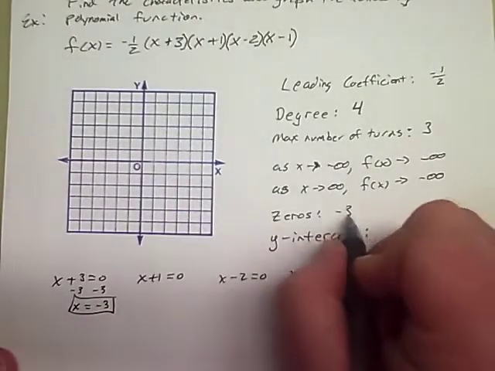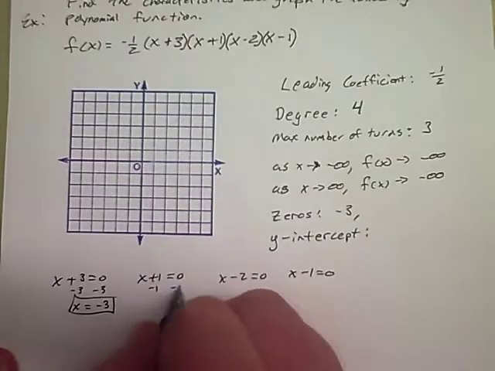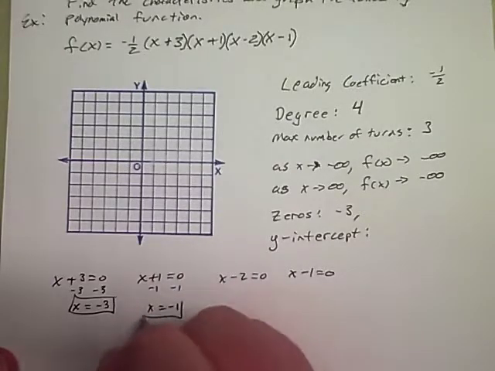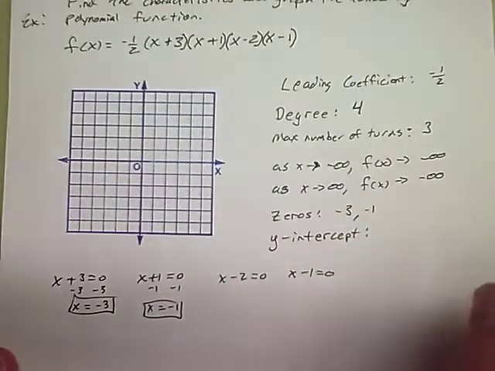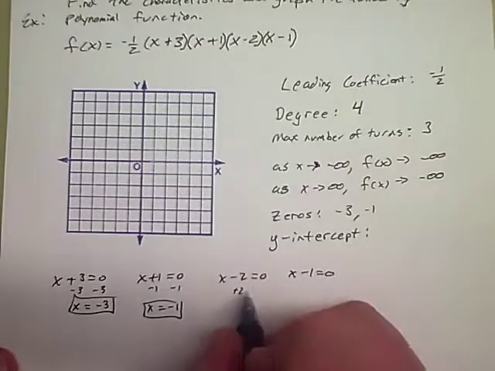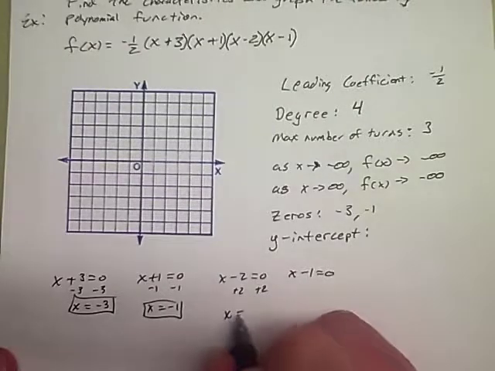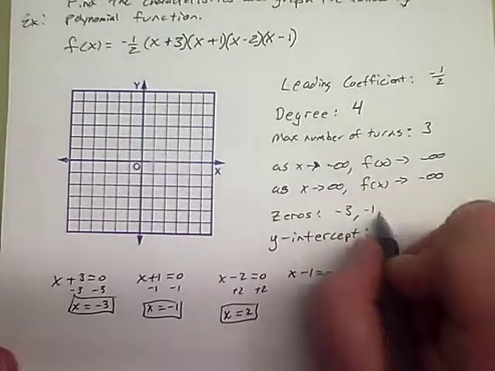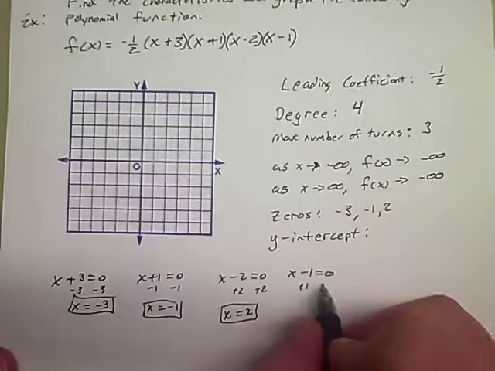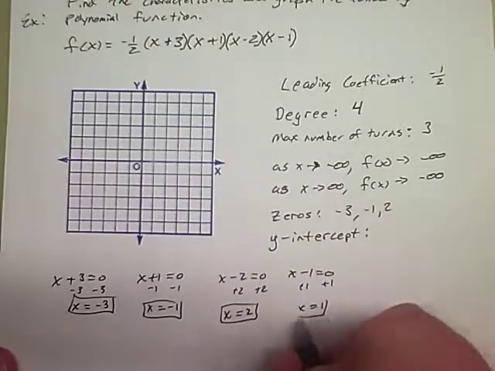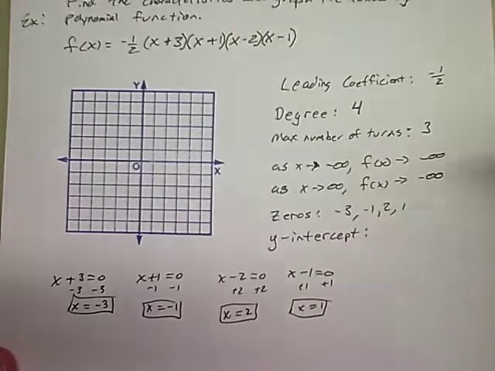My first zero is negative 3. I subtract 1, x equals negative 1. My next zero is negative 1. Add 2, x equals 2. And add 1, so x equals 1. All right, so my zeros are negative 3, negative 1, 2, and 1.